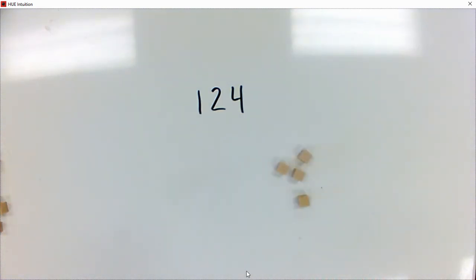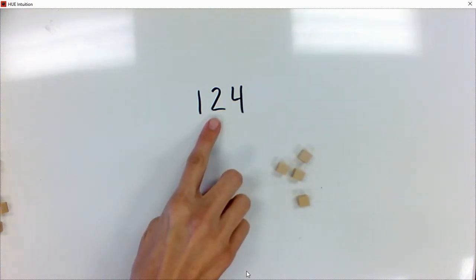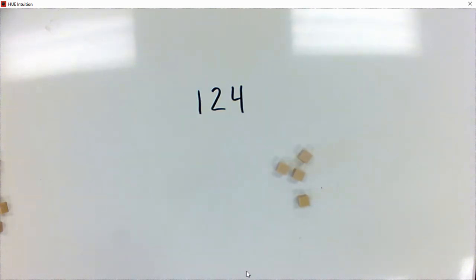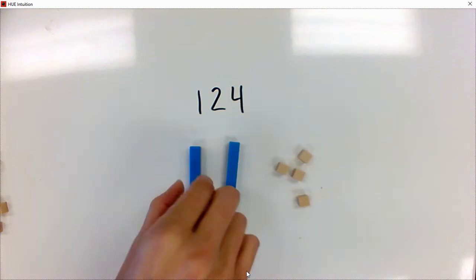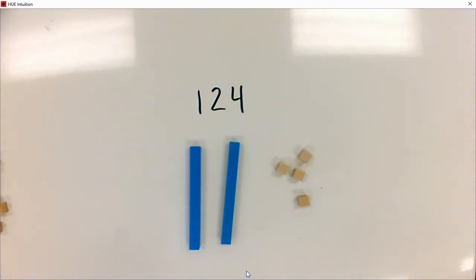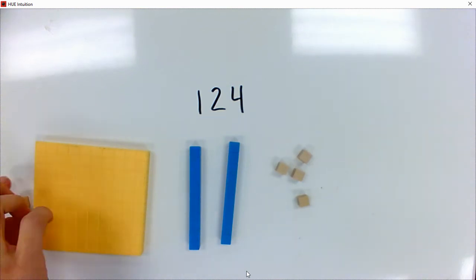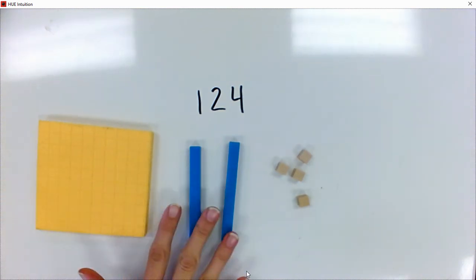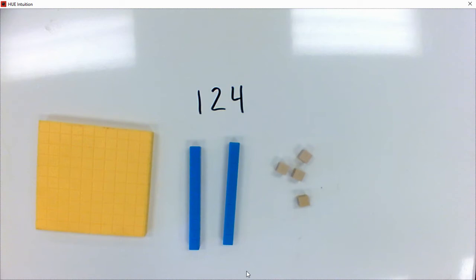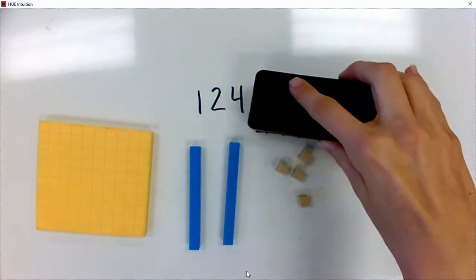I have 2 tens. The 2 in the tens place shows me how many groups of 10 I have. And I have 1 group of 100. So using base 10 blocks, this is how I would make the number 124.